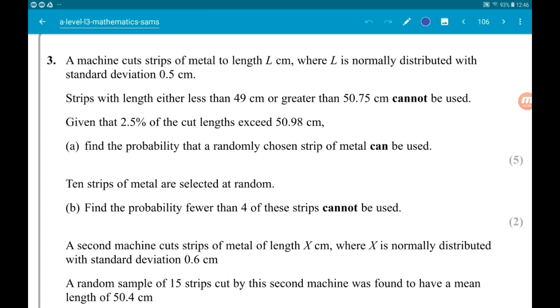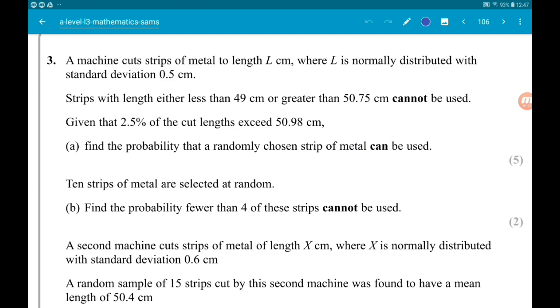Given that 2.5% of the cut lengths exceed 50.98 centimeters, we want to find the probability that a randomly chosen strip of metal can be used. Okay, so before we worry about the probability that a strip can be used, we are going to need to know the mean of the distribution of L.